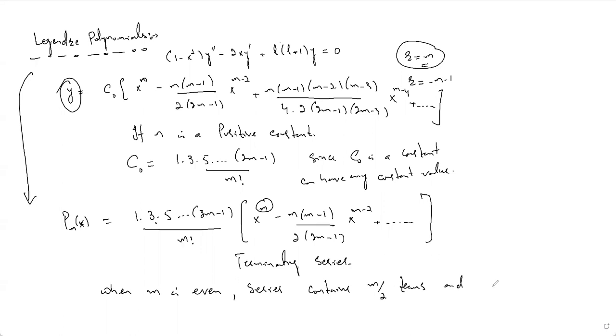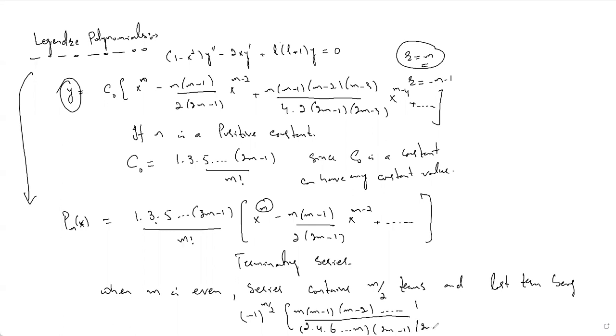And the last term is minus 1 raised to power m by 2, then m into m minus 1 into m minus 2 and so on up to 1, divided by 2 4 6 and so on up to m, then 2m minus 1, 2m minus 3 and so on up to 1.